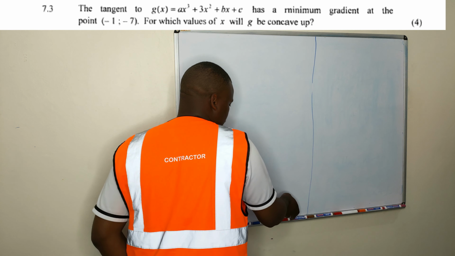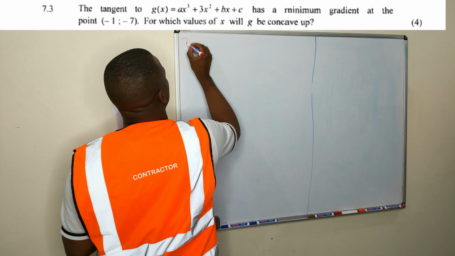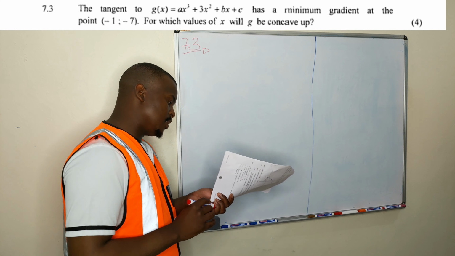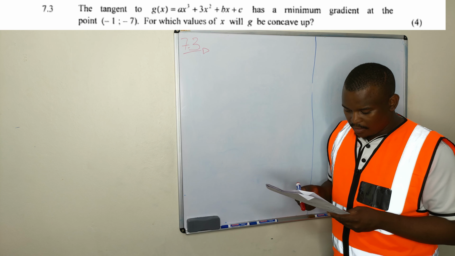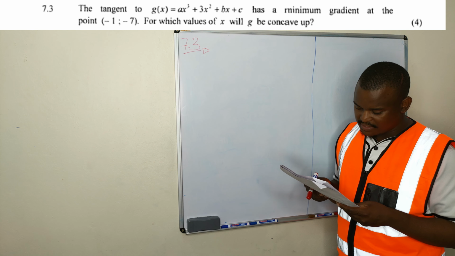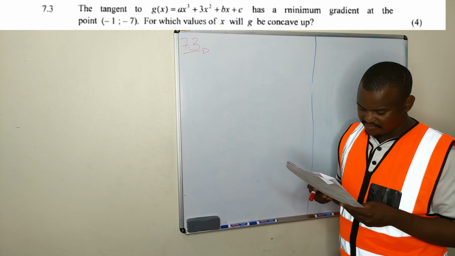Let me use a different color. I hope it's visible. Determine, 7.3. The tangent to g of x has a minimum gradient at the point 1 and 7.